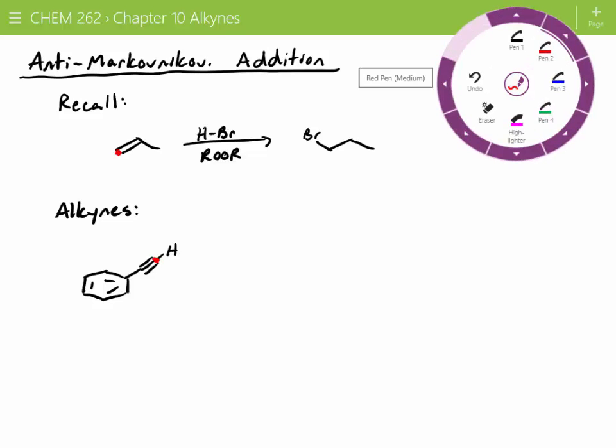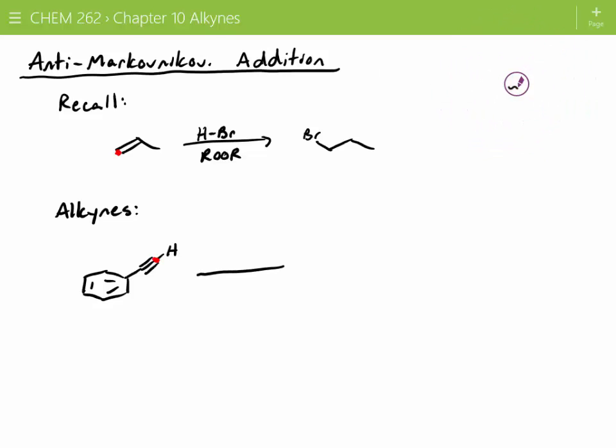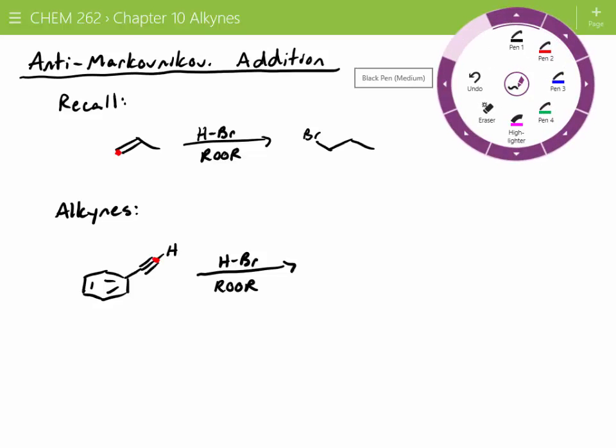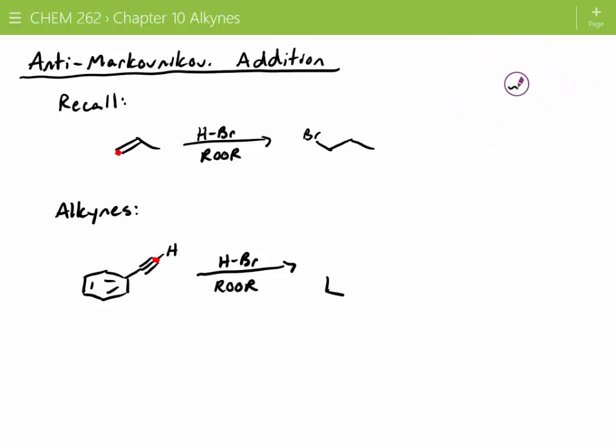This time, if we add in hydrobromic acid and our peroxide, we'll get 2 different products out. We'll get one where the bromine adds in a trans manner, and then we'll get one where it adds in the cis manner.